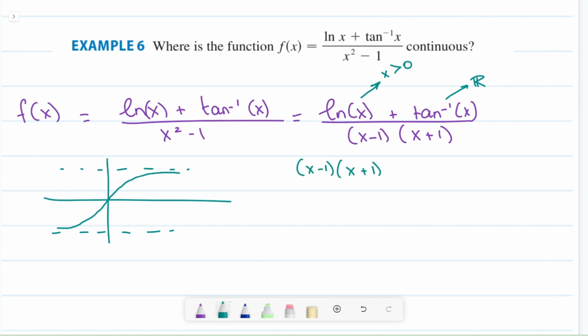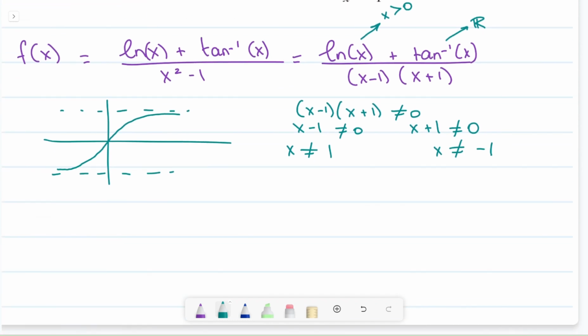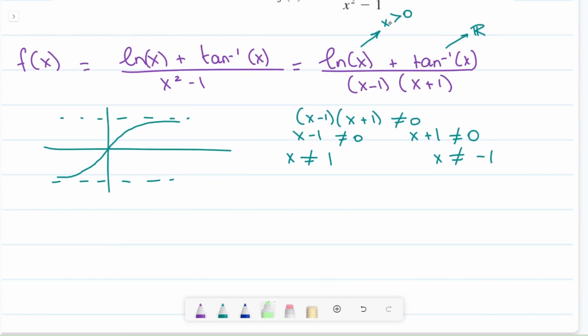So x minus 1 times x plus 1 should not be 0. Therefore x minus 1 should be different than 0, and x plus 1 should be different from 0, so x should be different than 1, and x should be different from negative 1. So keeping all of these conditions in mind, let us find their intersection.